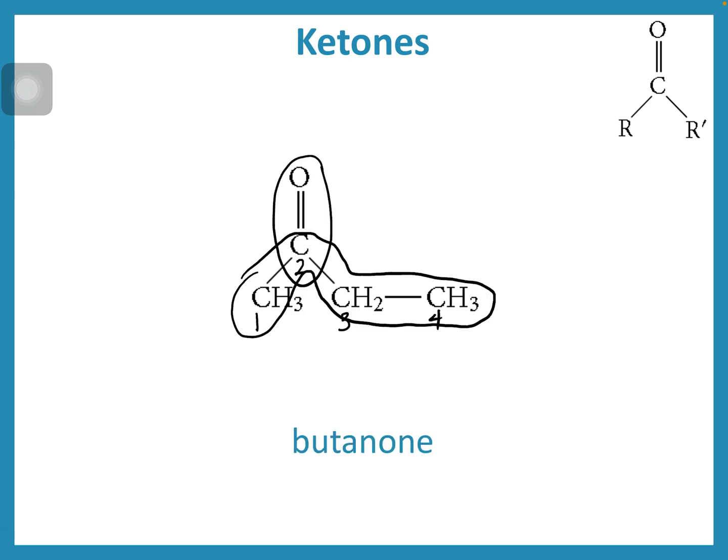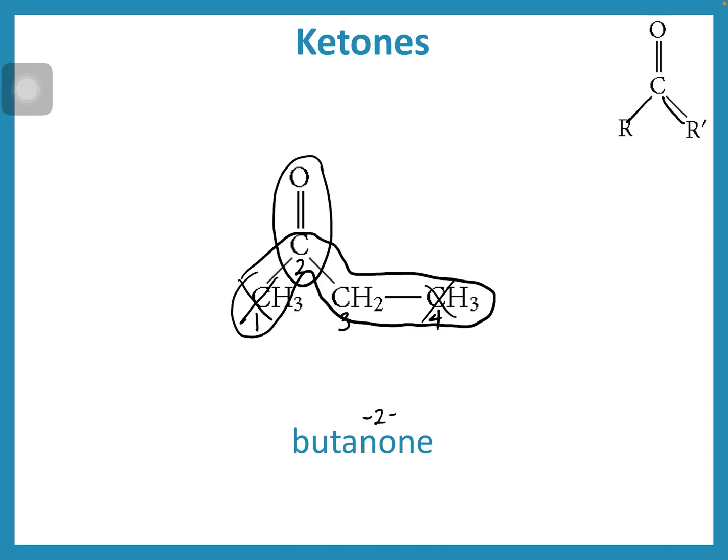So this is going to be called butanone, and normally we would give a position of 2, but in this case, we don't need to give the position because there's actually only one way we can draw this. The carbon double bonded to the oxygen cannot be off the first or last carbon, because then it wouldn't be a ketone. Remember, a ketone has to be bonded to 2 other carbons, so it can't be off of an end carbon.